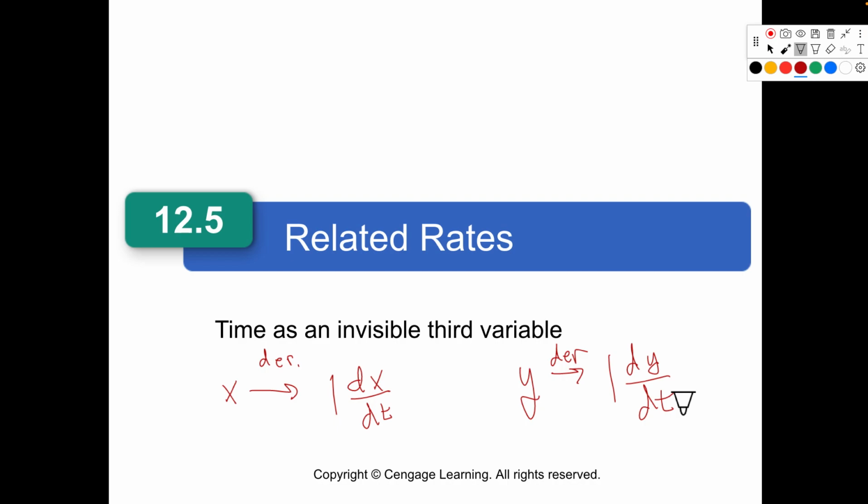Sometimes it will occur, there's actually a factor that over time something's changing, but most of the time when we're dealing with time, it's just dx dt, dy dt, and whatever the variable is, it's that variable over dt. It's changing over time.